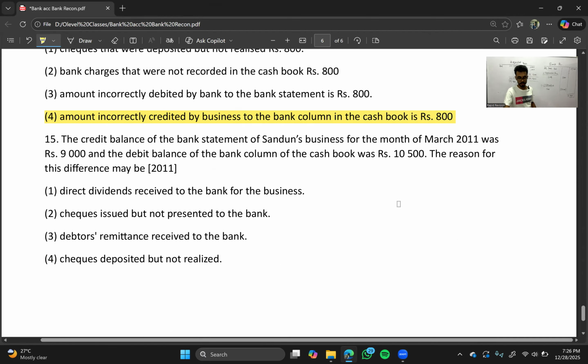The credit balance of the bank statement of Samun's business for the month of March was 9,000 and the debit balance of the bank column of the cash book is 10,500. What is the reason for this difference?